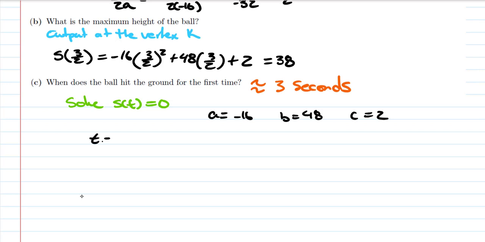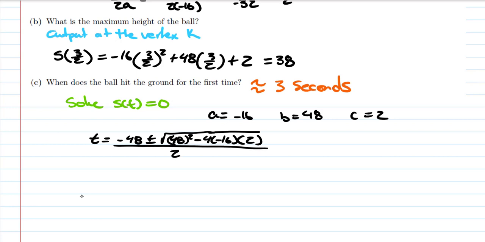So we get t is equal to negative b, so negative 48, plus or minus the square root of b squared, so 48 squared minus 4 times negative 16 times 2, all over 2 times negative 16.